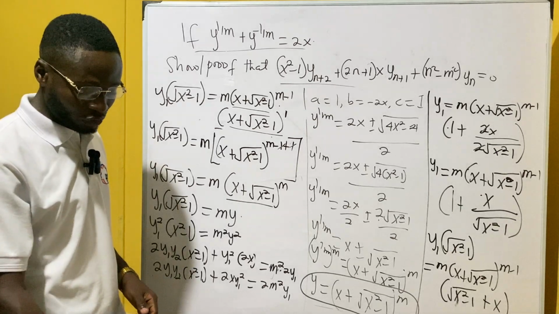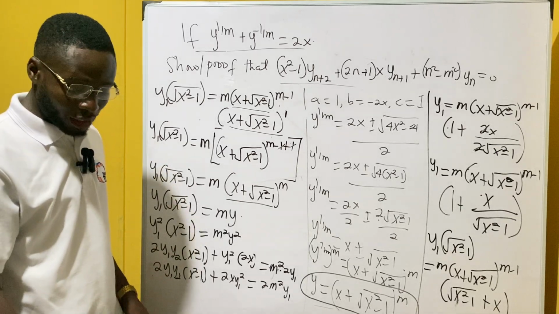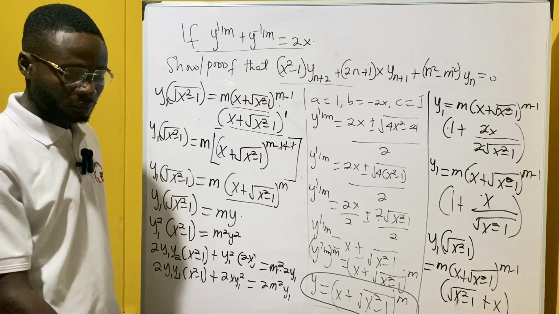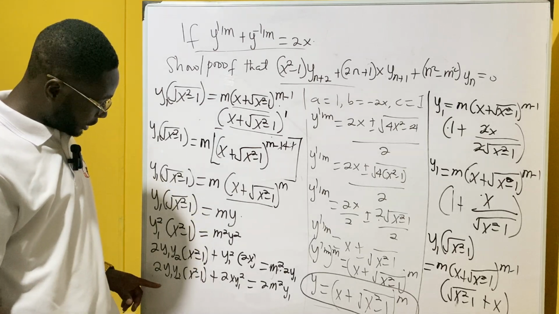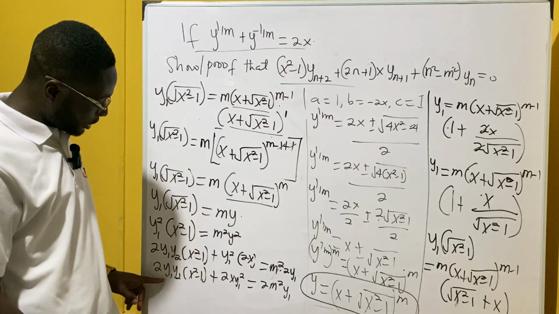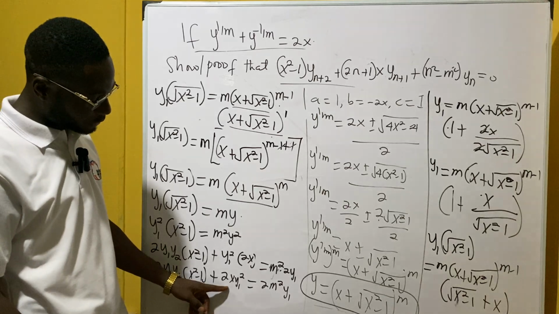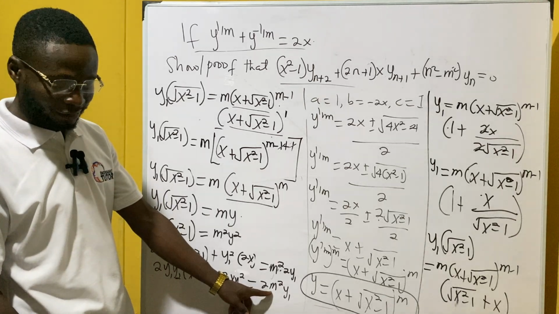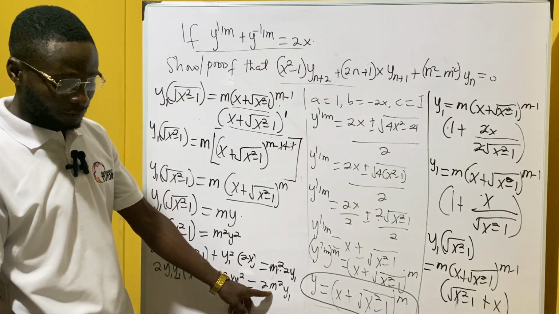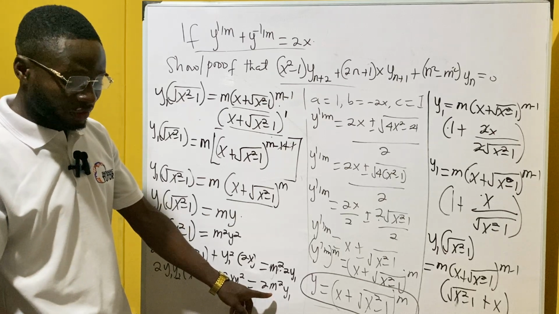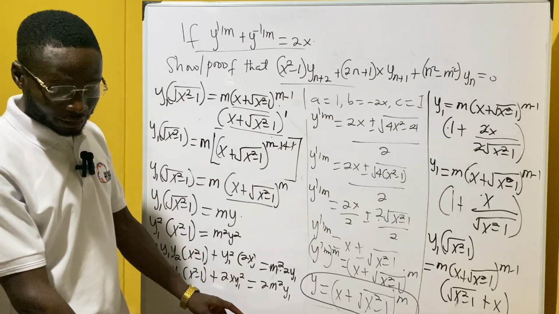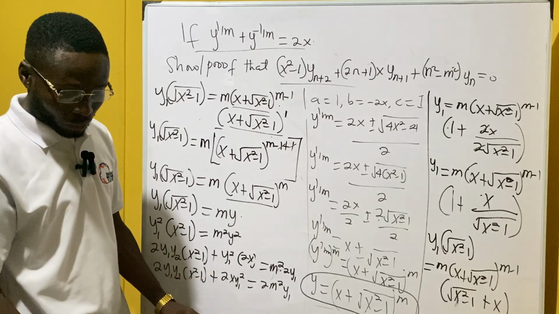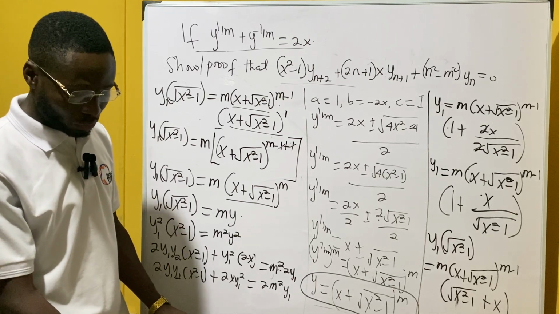You can see that 2y1 is common here, here, and here as well. So we divide through by 2y1, and that will give us the next result.